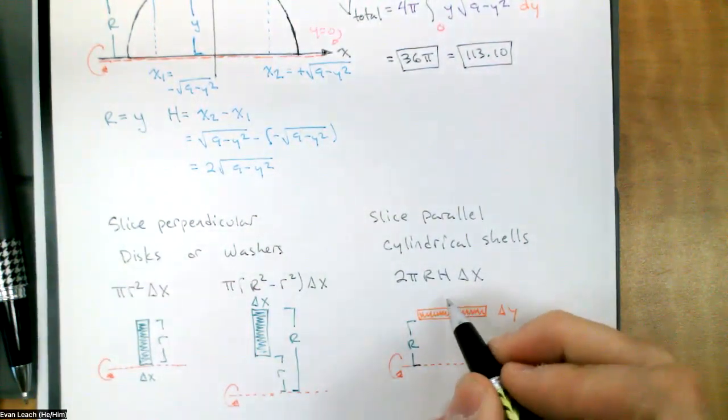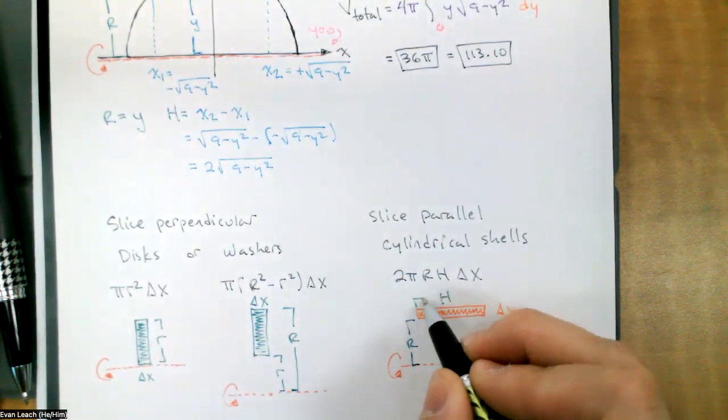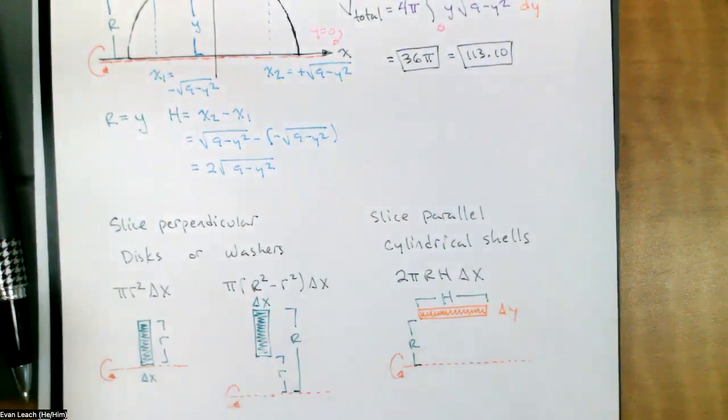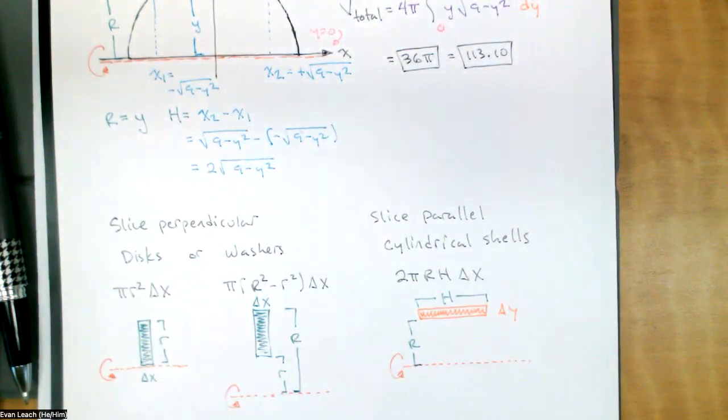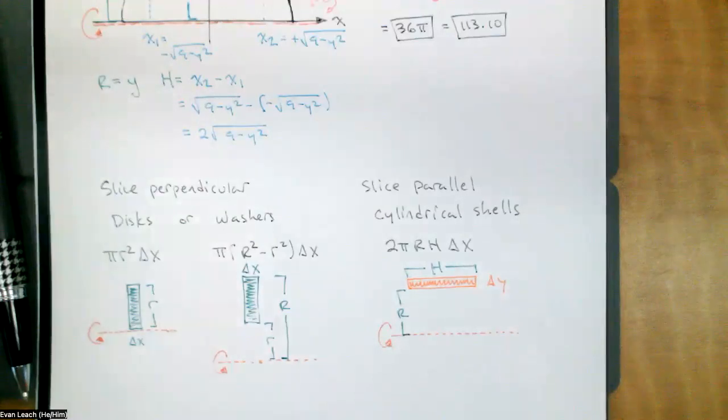And for shells, the height of the slice is always perpendicular to the radius. The generic 2 pi radius height delta x is because we can slice parallel or perpendicular, delta x or delta y. The example that we did, since our axis of rotation was horizontal, perpendicular was a delta x and parallel was a delta y. But if we have an axis of rotation that is vertical, perpendicular will be delta y and parallel will be delta x.